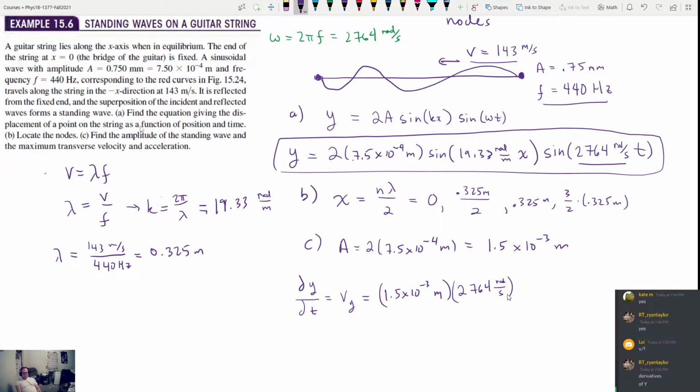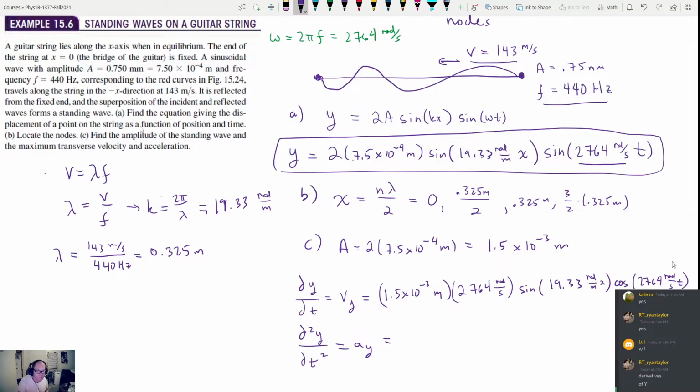But there's going to be a cosine. So it's going to be sine of 19.33, and then the sine will go to a cosine. And then you do it again to get the acceleration, and I'll leave that for you to do yourself. You just take the derivative again. That's all you got to do.